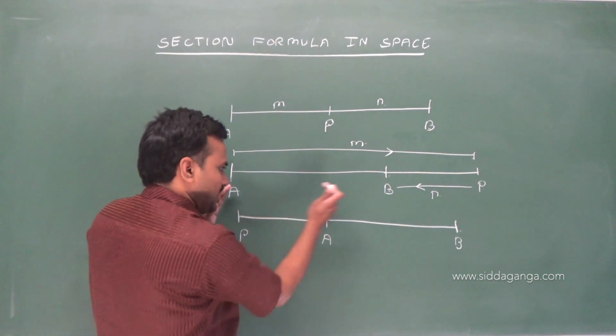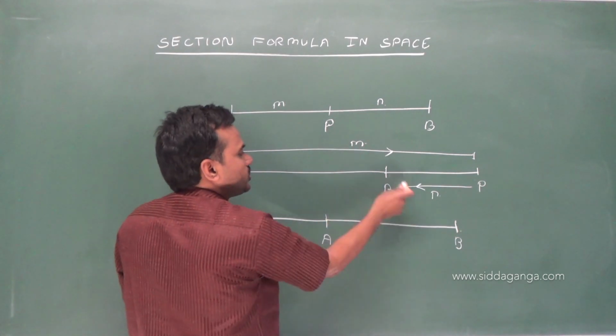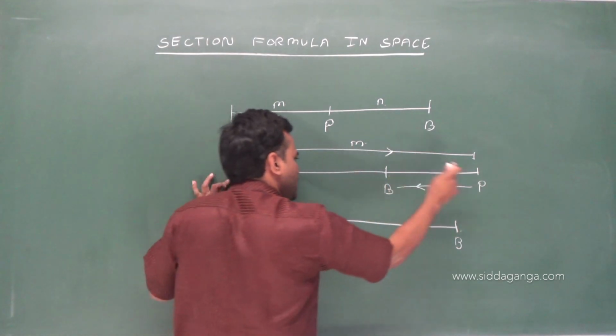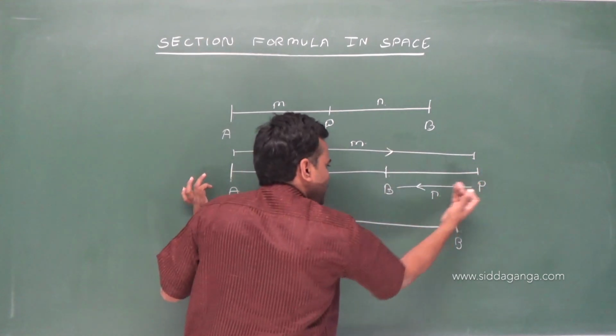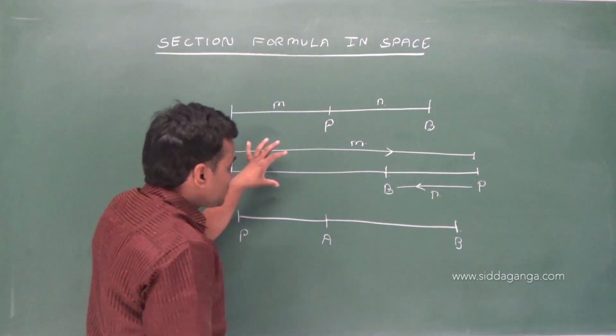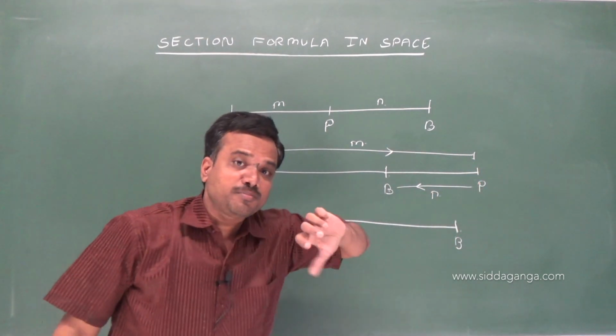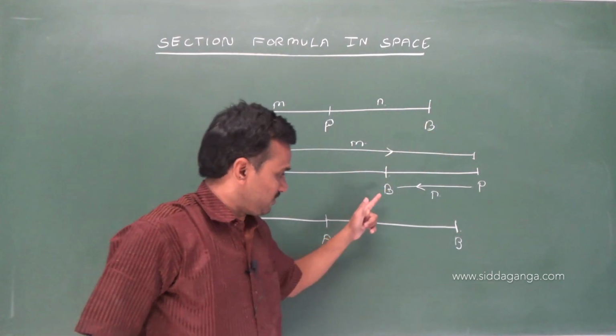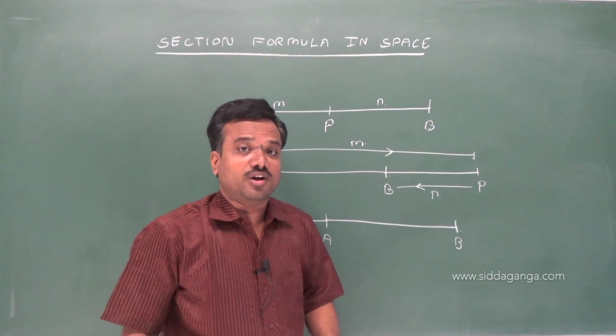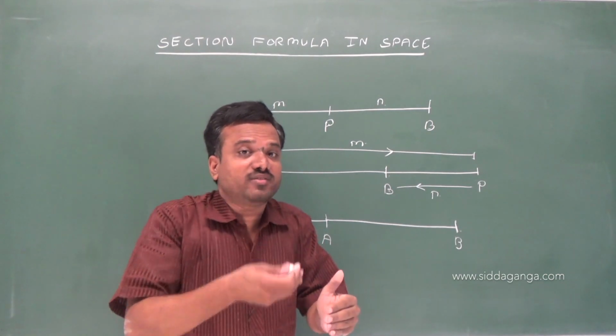It divides the line joining the 2 points in the ratio m is to n. That is, from A to P is m and P to B is n. If the point P lies outside, this type of division we call external division.